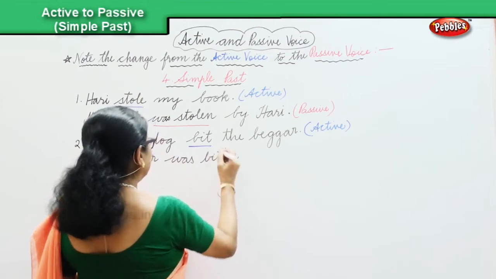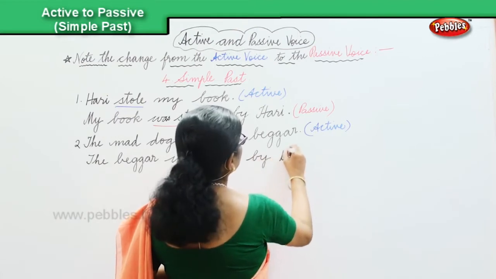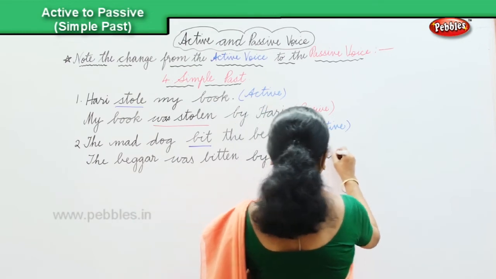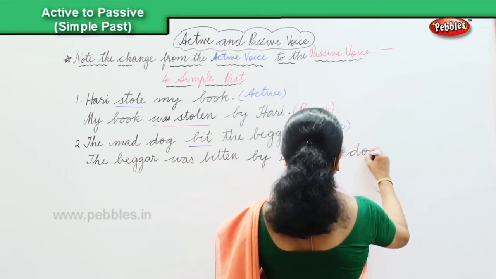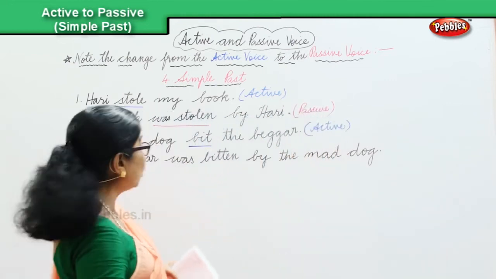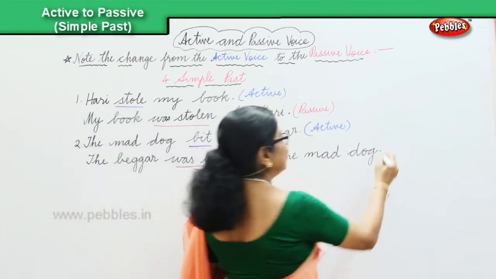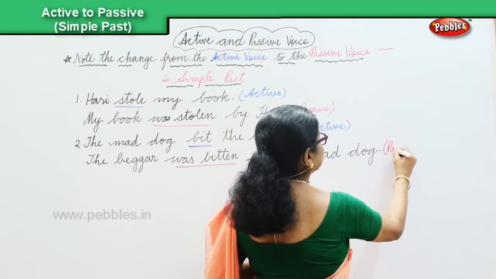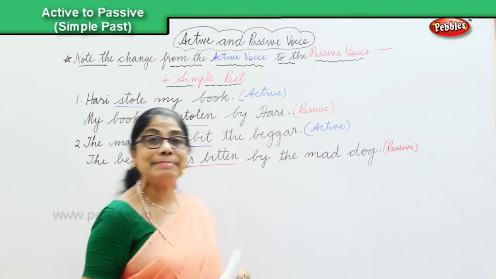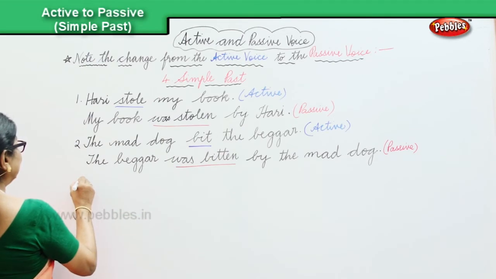The beggar was bitten by the mad dog. Let's look at the verb here, was bitten. And it's in the passive voice. And what are we dealing with? Simple past.